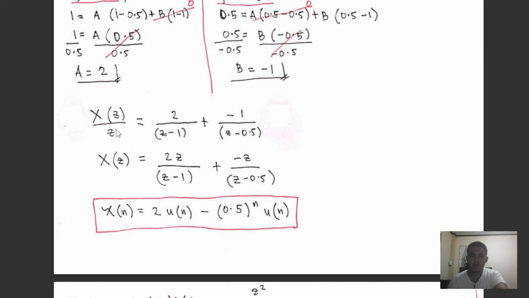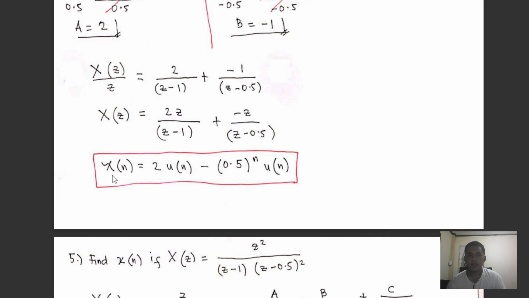If we multiply by z, this cancels the z, and we get 2z over (z minus 1) plus negative z over (z minus 0.5).